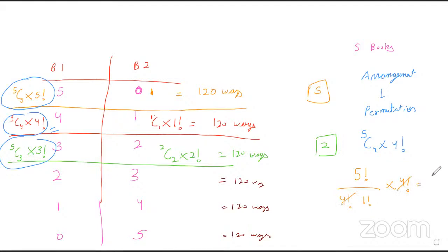It gets cancelled out, which is nothing but 5 factorial upon 1 factorial, that is 5P4, right? So it is a permutation, or arrangement. So don't get confused by me using 5C4. I'm multiplying it by this factorial to convert it into a permutation term, right? Arrangement, permutation, order matters.